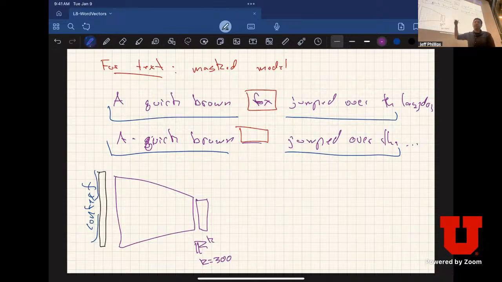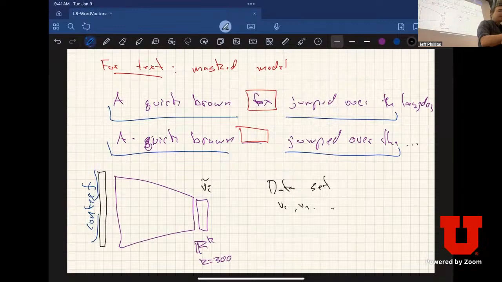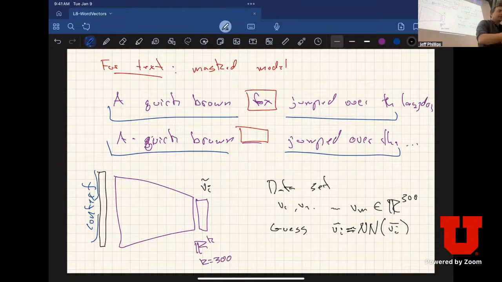And the hope is that in this space, now I'm going to get a vector vi tilde, and then I'm going to have a data set, v1, v2 up to vm, which is going to be in 300 dimensions. And I'm going to guess that vi tilde is going to be approximately the nearest neighbor of the true word's vector.